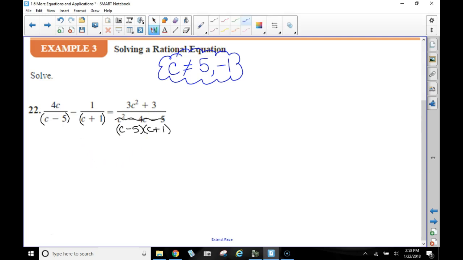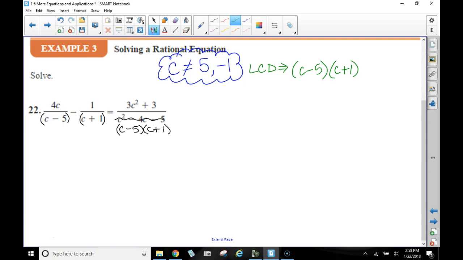The next thing we're going to do is figure out what the least common denominator is. What's going to clear out those fractions for us? Well, we need a whole factor of c minus 5, and that'll take care of that first factor. We need another factor of c plus 1. And we need a c minus 5 over here on the right-hand side as well as a c plus 1. We already have that.